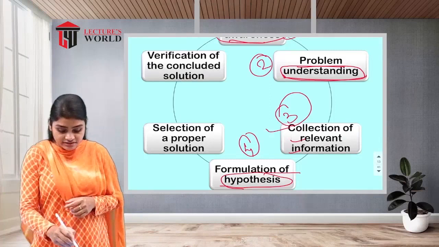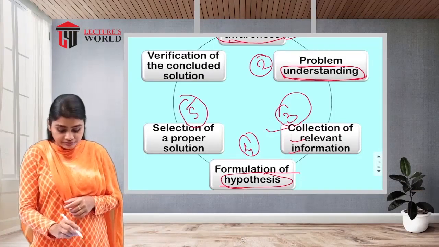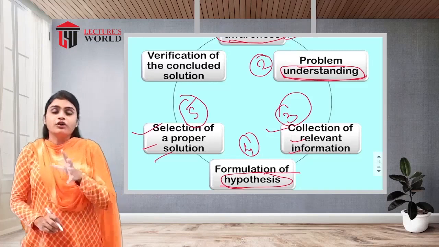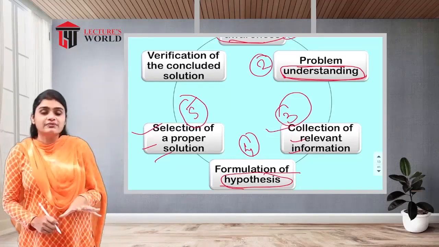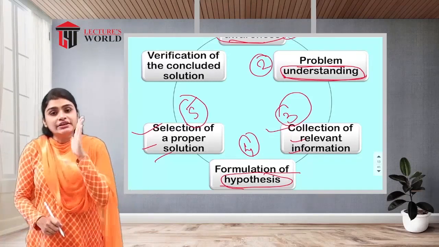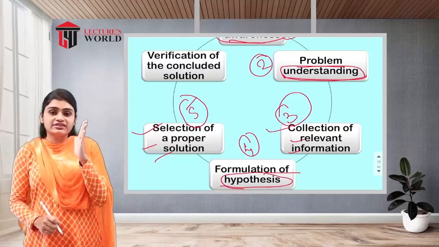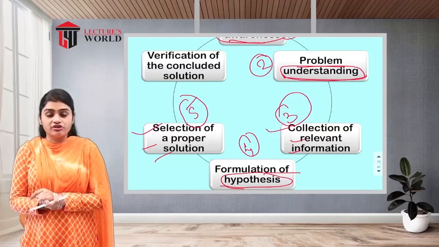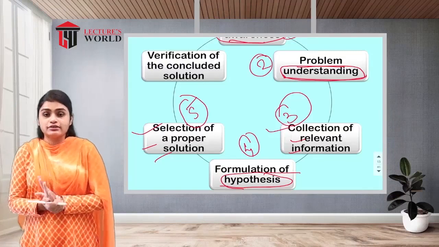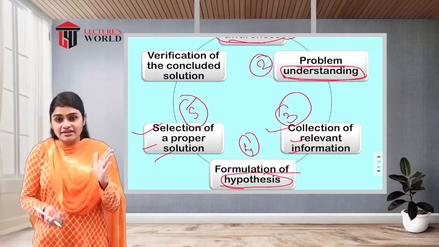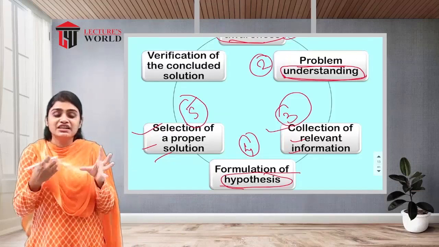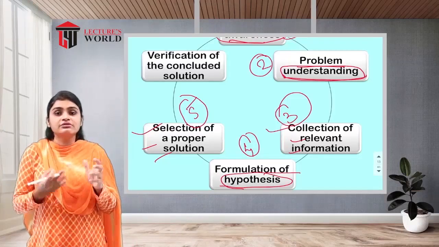After this step, the fifth one will be selection of a proper solution. From all the formulated hypotheses we have, we are going to select the particular solution. So that is called selection of a proper solution. Proper solution in the sense that, first, we need to identify a solution that has minimal disadvantages and maximum advantages.